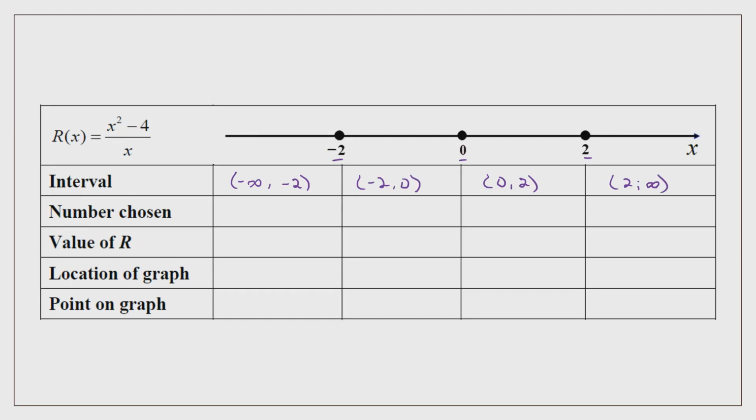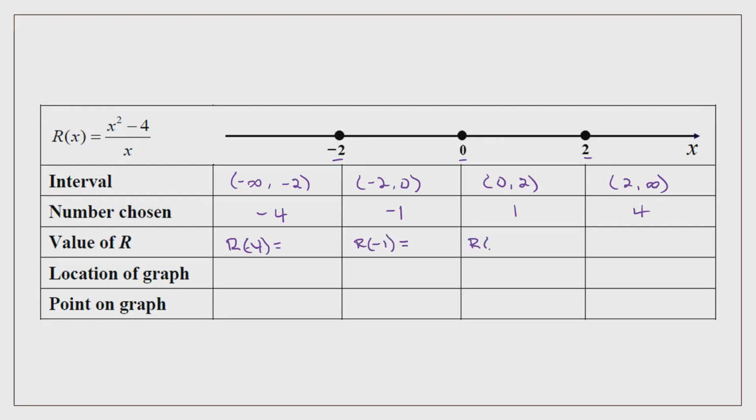Now we're going to choose a value in each interval. I'm going to choose -4, -1, 1, and 4, and evaluate r at each of these chosen numbers.